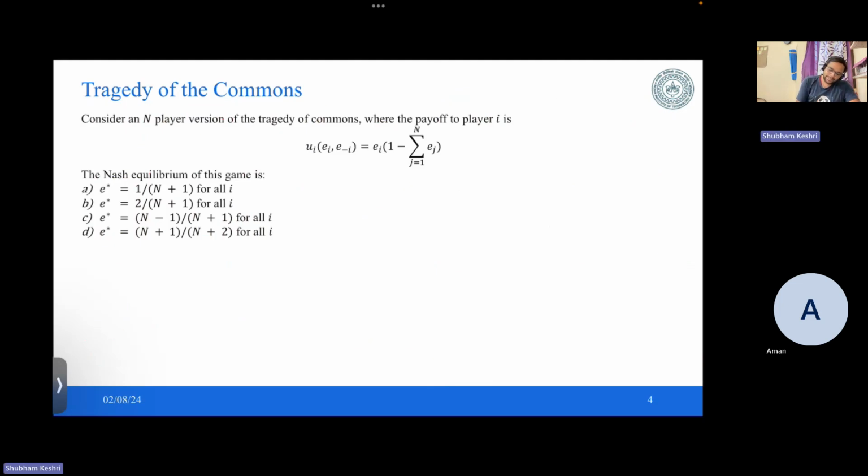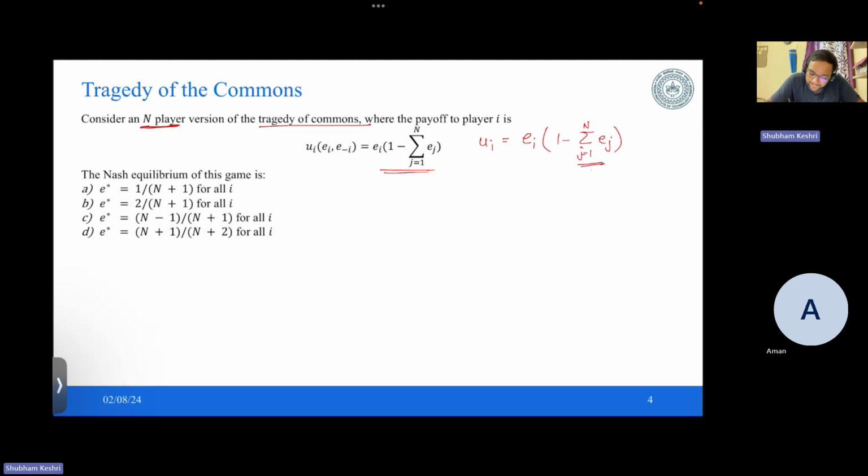So this is a question which I have taken from the lectures of Professor Aditya, and I have just modified it. So it says that we have n players and we are playing the game of Tragedy of Commons. In this game, the utility of player i is given as E_i times 1 minus the summation of E_j, with j equals 1 to n.